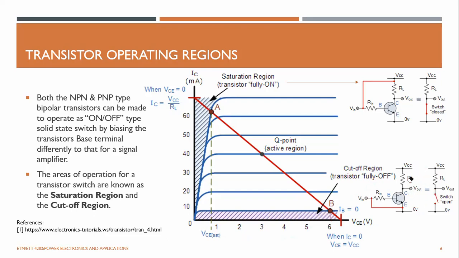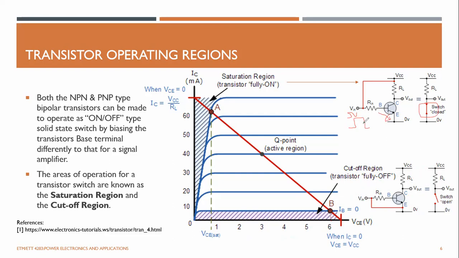When it comes to the saturation region, you can provide the full VCC supply, but in power electronics, typically this is your control signal. Could be 5 volts. When you apply 5 volts, based on your Rin, you can provide a bias current that will drive a large current, and this switch is closed.